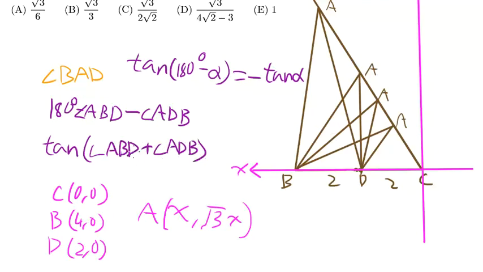Now these two angles will be easy to make out, because you have the tangent addition formula: equals 1 minus tangent ABD times tangent ACB on the bottom.